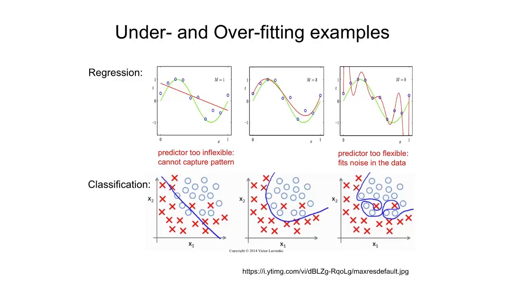So at the top, you can see some examples of a regression model. In the middle, we have a proper regression model that models the data correctly. But if we have one that's too simple, let's say the one on the left, then even though it broadly models the data, the pattern that it tries to predict is too inflexible, and so it can't capture the pattern of the data properly.